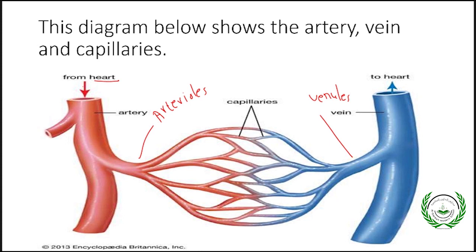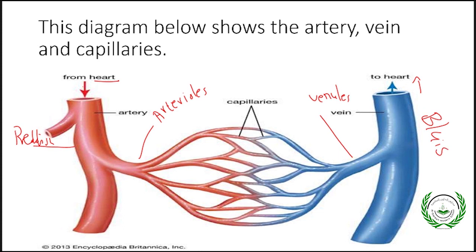In between, we have the arterioles, which finally lead to the capillaries. Here we also have venules, and here are the veins. This arrow shows the direction of the blood flow, meaning the blood returns from the body parts into the heart.